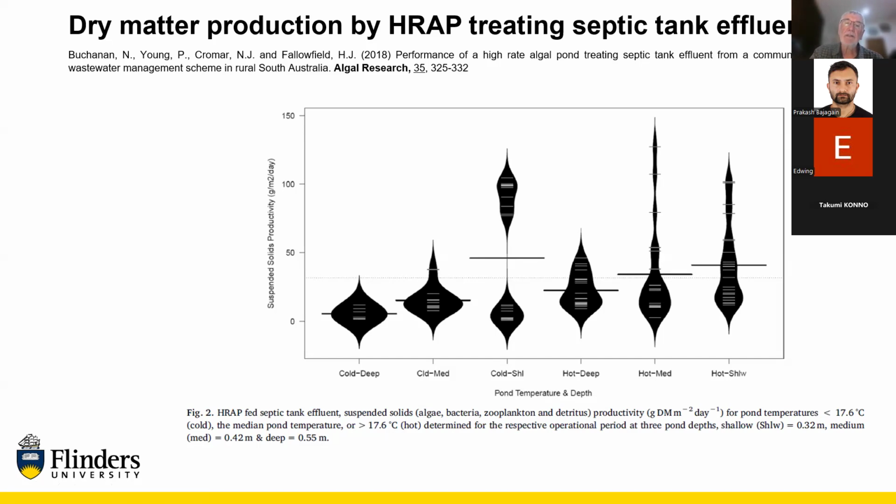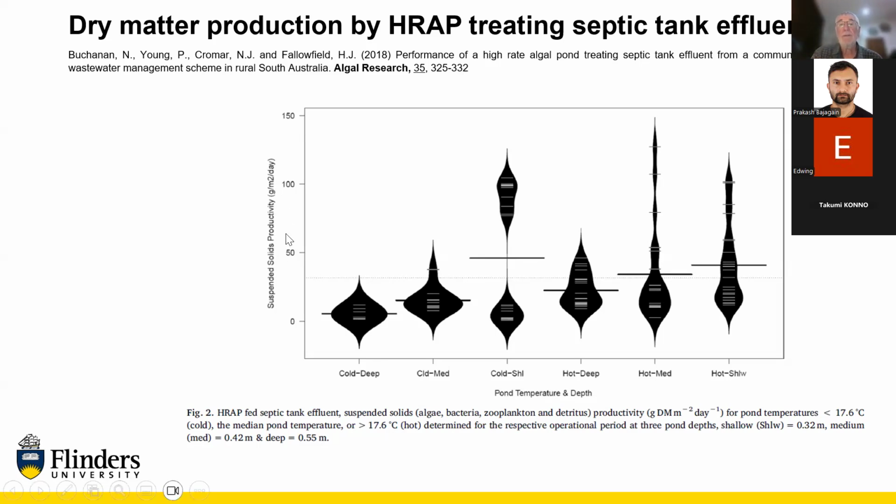So these are the values that we got in this experiment for that mix of algae, bacteria, zooplankton, detritus, the unbroken down material. So this is what you'd get as solids out of the pond that you might consider algal productivity, but I resist calling it algal productivity.